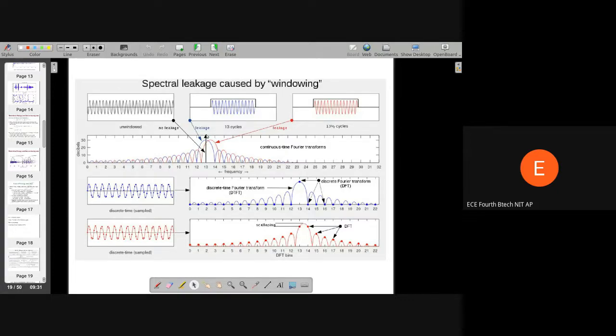Instead of an impulse at that frequency, you start getting all these sinc lobes. The width of the main lobe is determined by the length of the window.